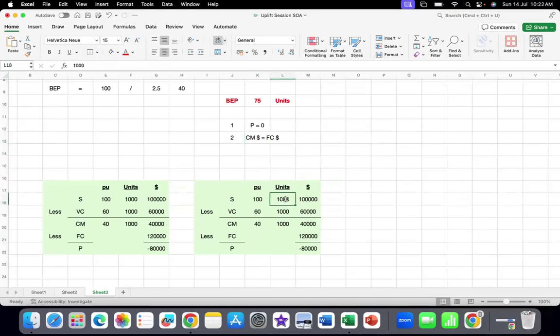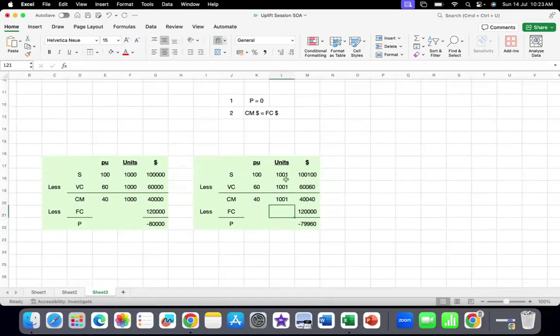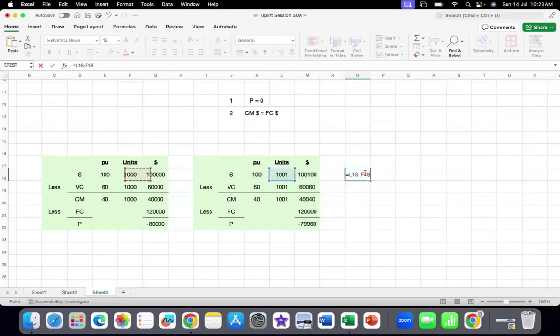So what if I produced 1001 units? As soon as I increased my sale units from 1000 to 1001, by 1 unit, how much was the contribution margin increased? So it was increased by 40, this minus the original one.